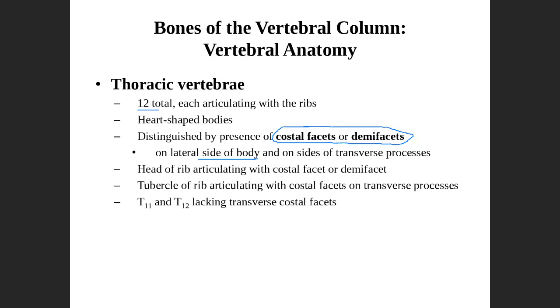Some will also have an articulation with the transverse process. I'll show you that relationship when we get to the ribs. When we talk about costal facets and demifacets, that is where ribs articulate to these bones. Basically, the head of a rib is going to articulate with the costal or the demifacet. We'll get into that later on.